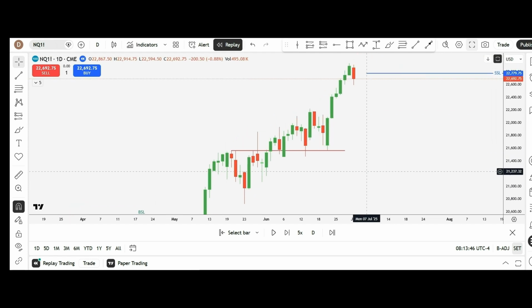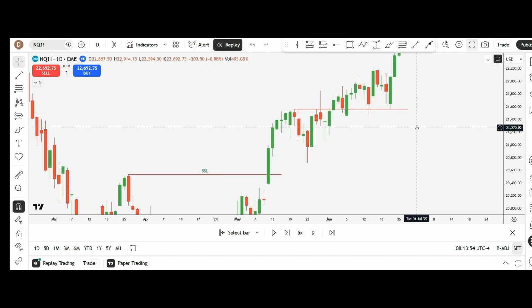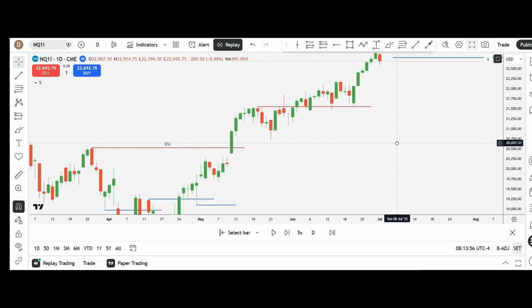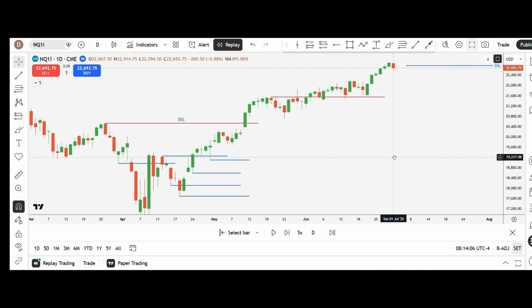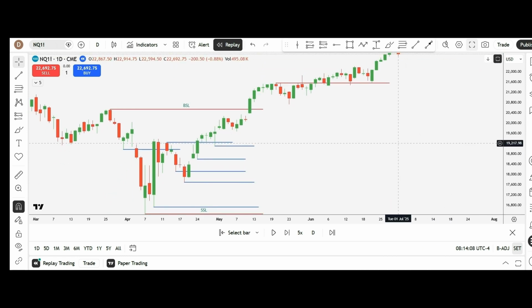All right. So these are the three lessons that I wanted to show to you. First, how to identify on the chart the swing points; how to identify the buy side and the sell side liquidity; how to expect a reaction and watch how the price will react to this buy side or sell side liquidity.